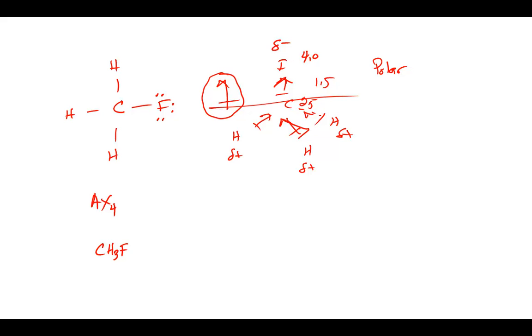Condensed formulas. Generally where we use condensed is something like, let's say I have 6 carbons, and we know that each one of these carbons has to have a total of 4 valence electrons around it. So at the end of each one of these lines is a hydrogen.